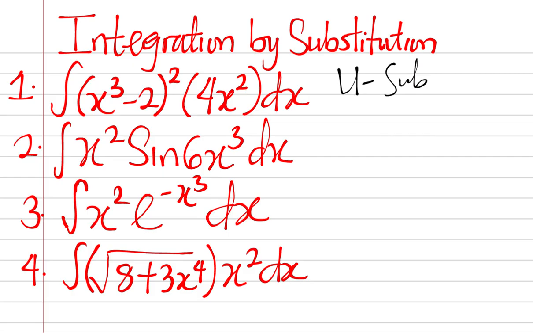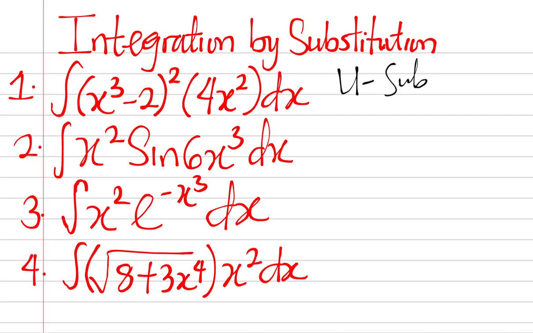All right. To use this method, we are going to see these examples one after the other. We have the first one here. The first thing you have to note is that when you do this kind of U substitution, you represent something with U, and what you use as your U is the bigger function.